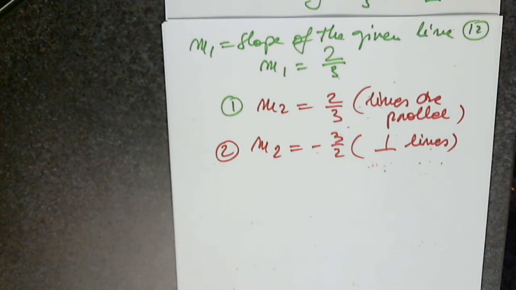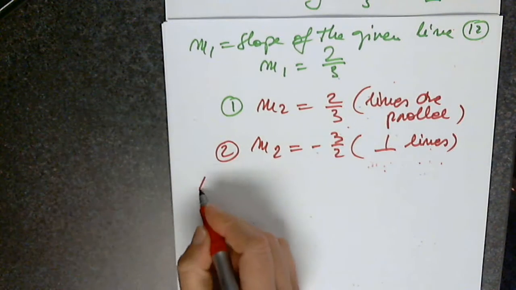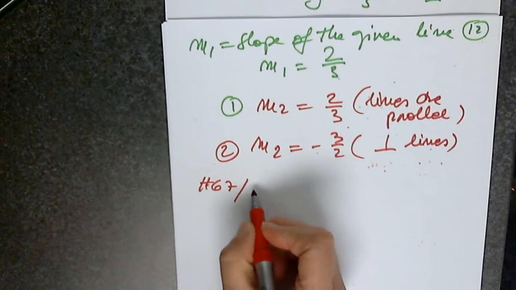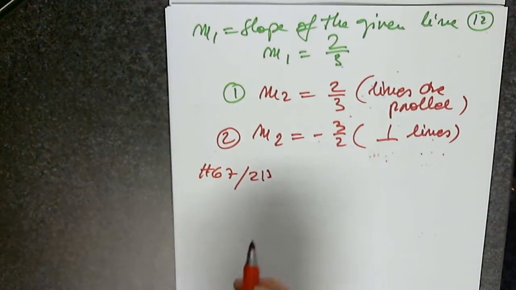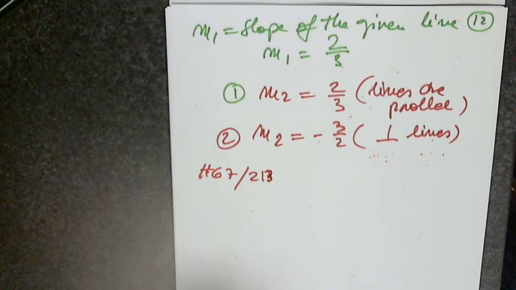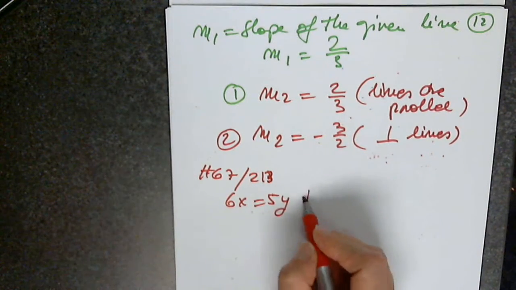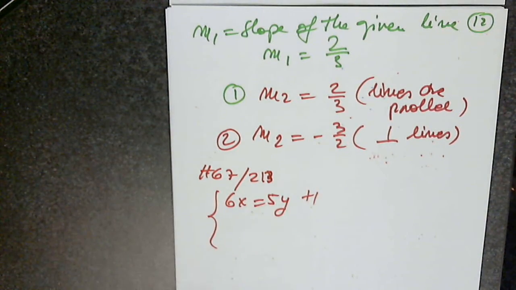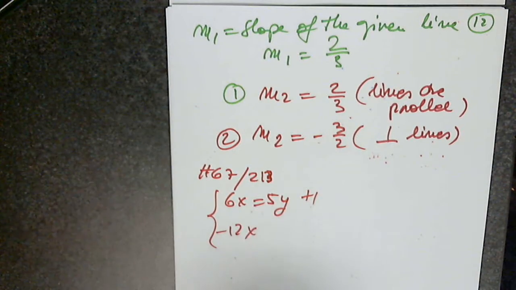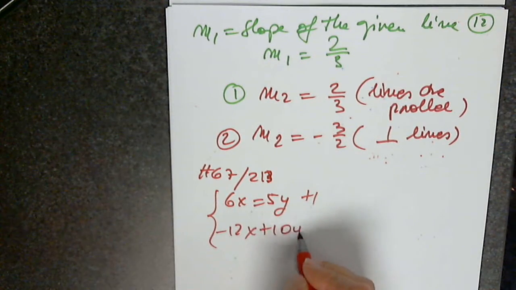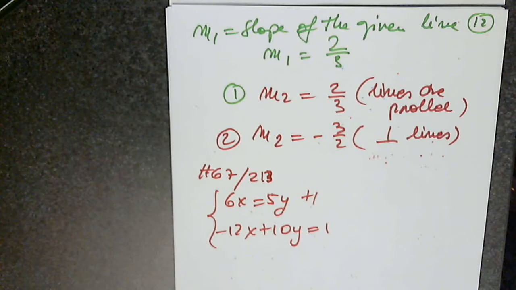Problem on page 213. I would like to look at problem 67 on 213. 6x equals 5y plus 1, and the second equation is negative 12x plus 10y equals 1.